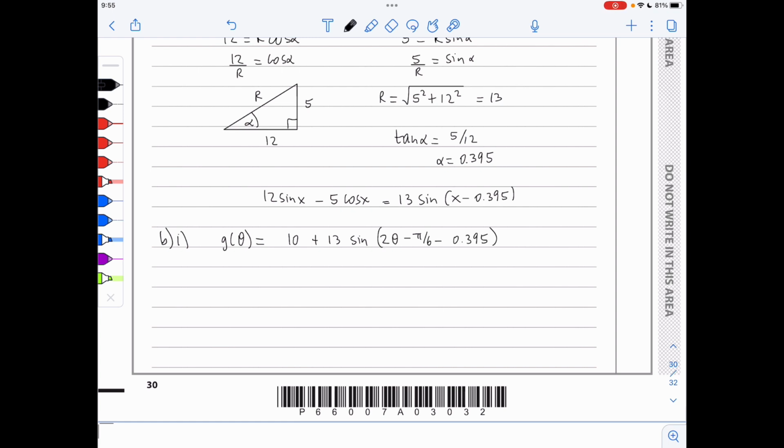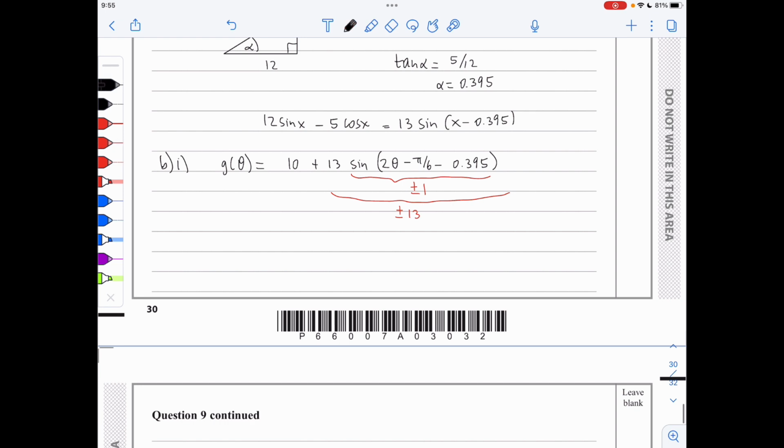Now we know that sine of any angle varies between ±1. So 13 sin will be varying between ±13. And therefore it's obvious that the minimum of g(θ) will be at 10 - 13, which is simply -3.